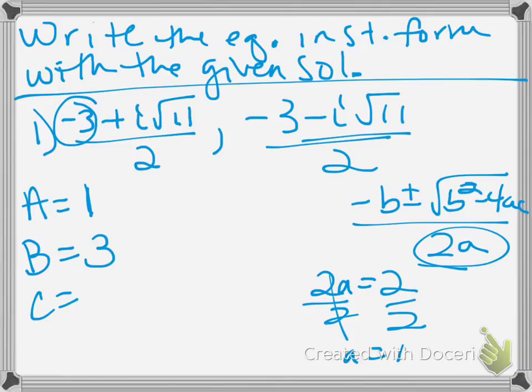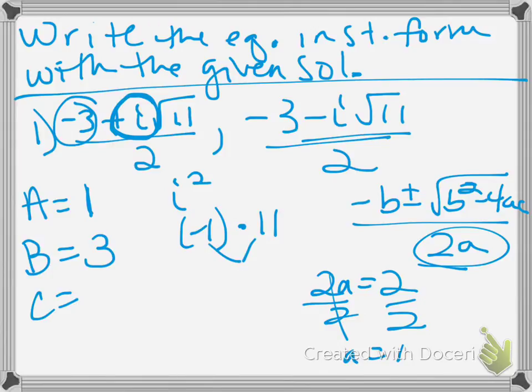Now, the other thing that I need to look at is whatever has been taken out, I need to square it and multiply it by what I've got inside. Okay, so it's like undoing that process. So I'm going to square i. So I'm going to get i squared, which I know is negative 1. And I'm going to multiply it by the innards.